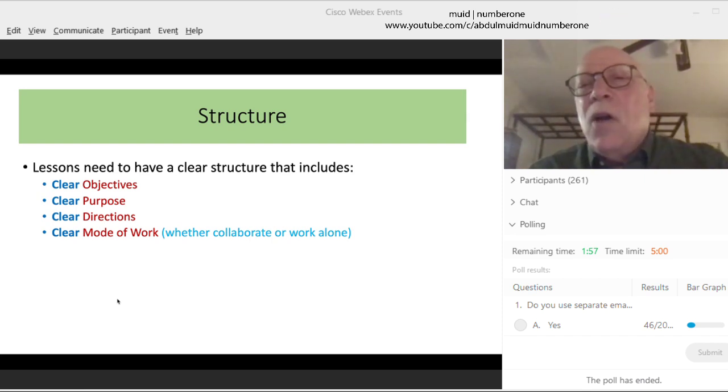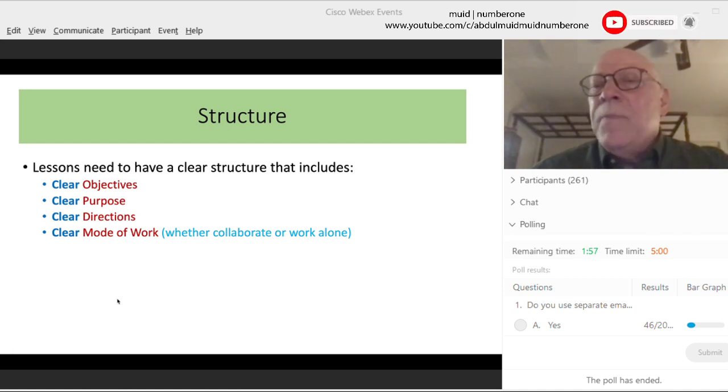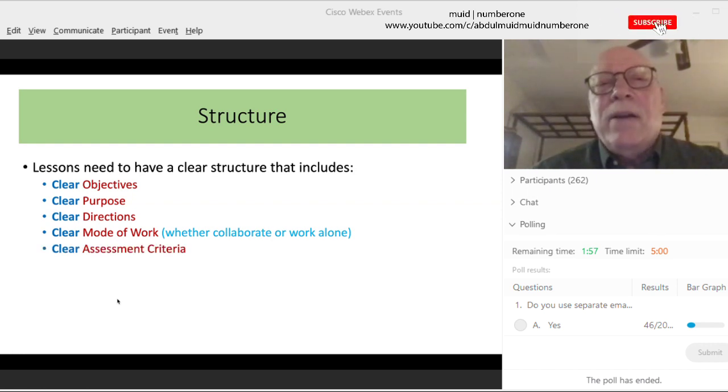Do they need to work alone, or is it okay if they collaborate? When they're working, can they go on WhatsApp and work with a friend or two or three friends and come up together and then produce something that is their own work or a group work? Okay, so the mode of work needs to be clear.